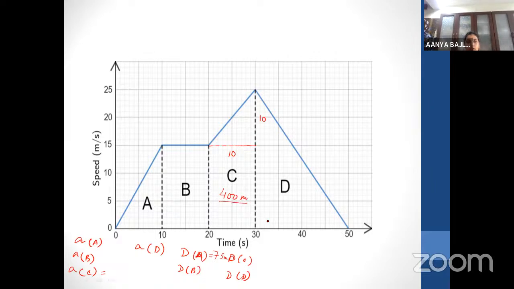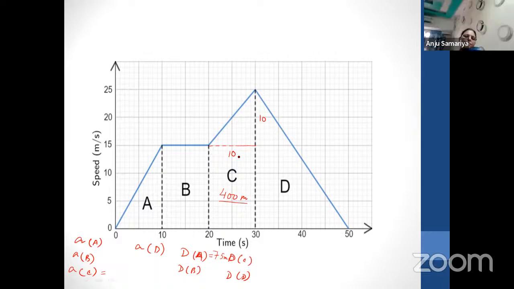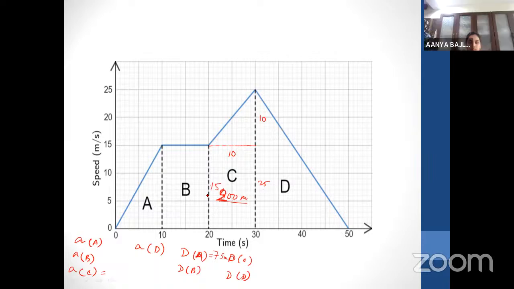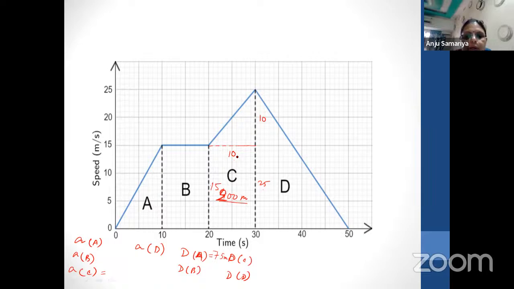It will be half into 25 plus 15, 40, so 200 meters. This is 15, this is 25, so 15 plus 25 is 40, 40 by 2 is 20, 20 into 10. The perpendicular distance is 10, so it becomes 200 meters.